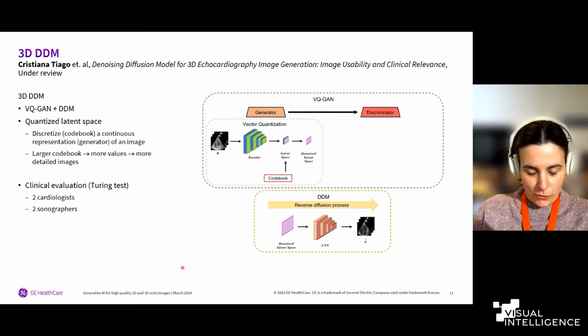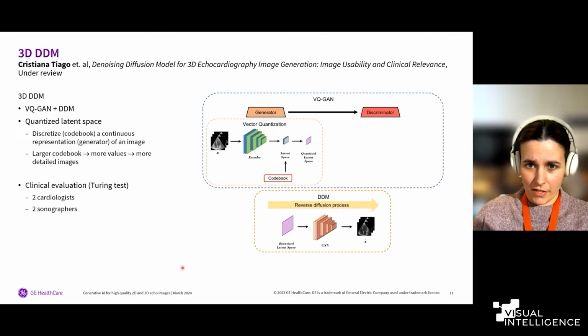Because from GANs to diffusion models, we saw that diffusion models have a lot more high quality. And then we decided to explore how far can we go when it comes to the image quality. So we use the VQ-GAN together with the diffusion model. The VQ-GAN is a vector quantized generative model.